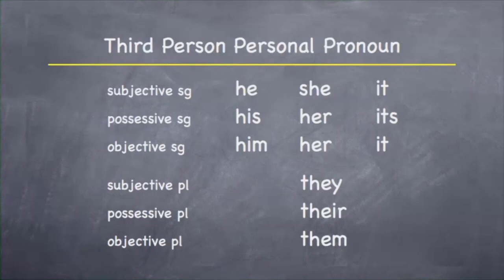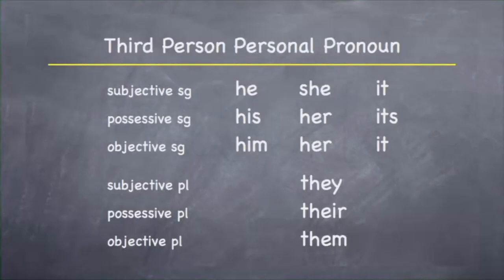In terms of English grammar, the only thing we really need to do is to make sure that you're comfortable with the paradigm for the third person personal pronoun in English. Here it is. Notice that he is subjective, subject of the sentence, his, him, feminine, she, her, neuter, it, its, it. When we get into the plural, it's they, their, them.